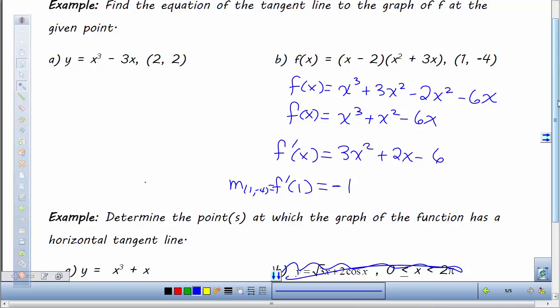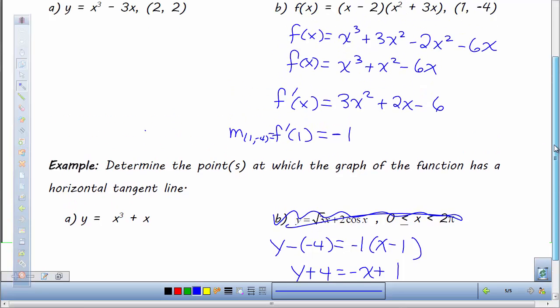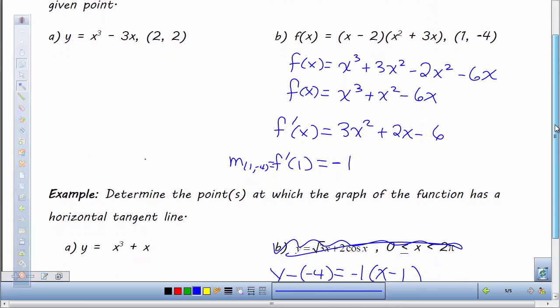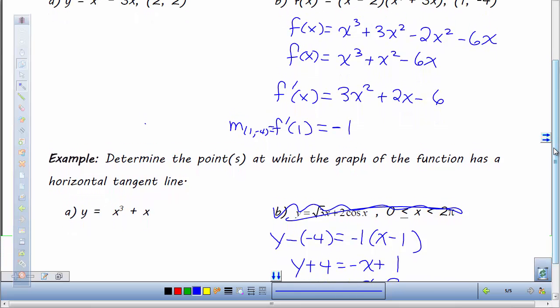Okay, yes. Yes, I ran out of space. We're still doing B. No, it was all this thing. I just ran out of space, so I just crossed all this out. Just ignore that and that. Okay. Yes.